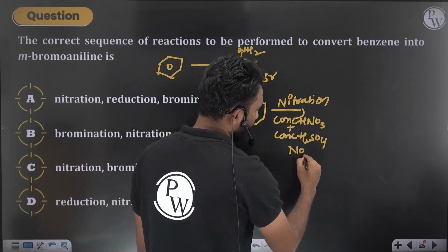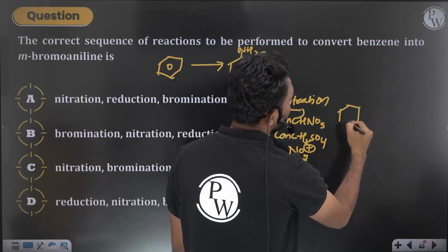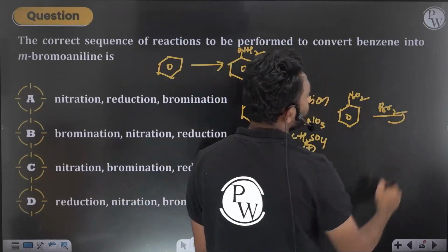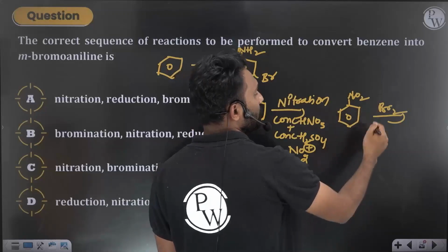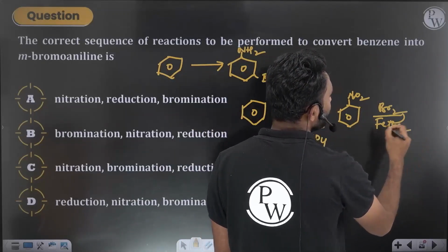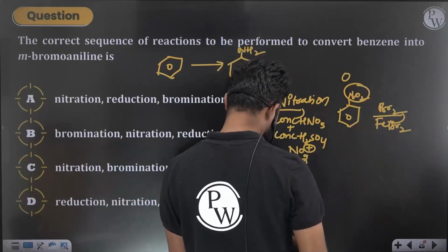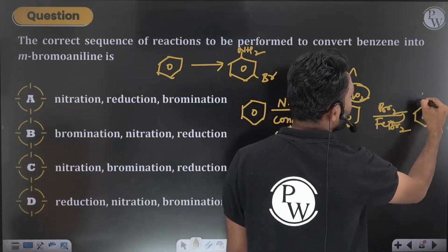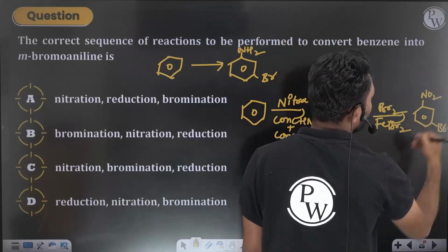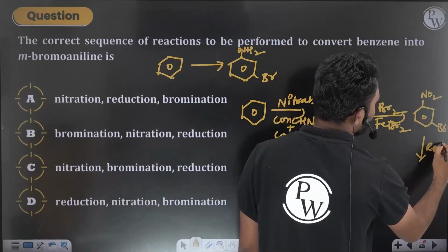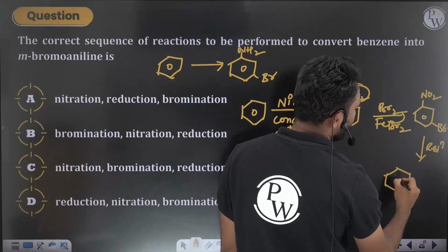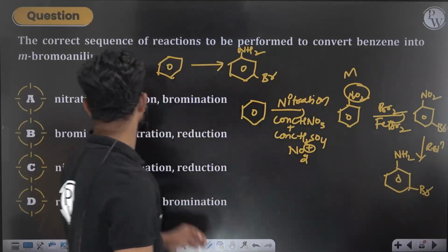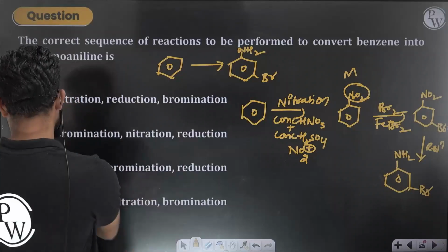This will give NO2+ as the electrophile, which attacks benzene and gives nitrobenzene. Nitrobenzene upon bromination: NO2 is a meta directing group, so we will get the meta product. Next, reduction will convert it into aniline. Means first it is nitration, next bromination, last is reduction.